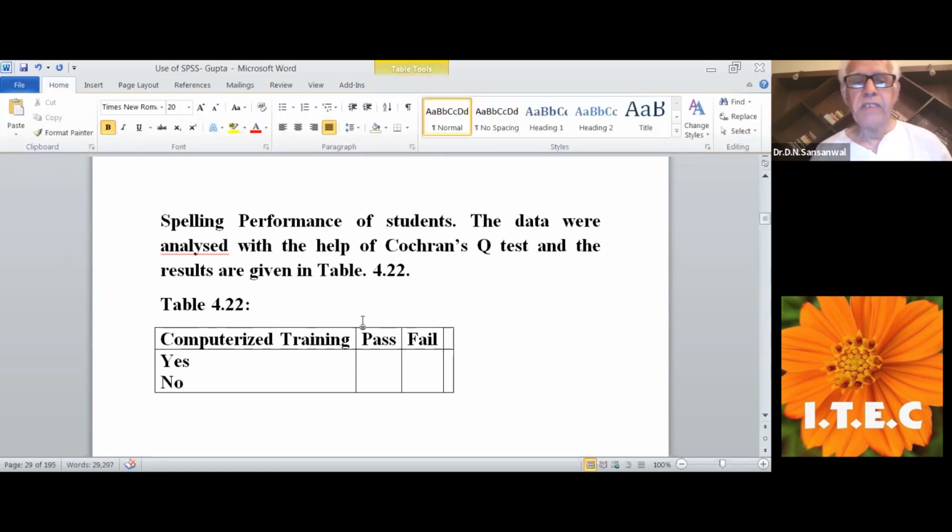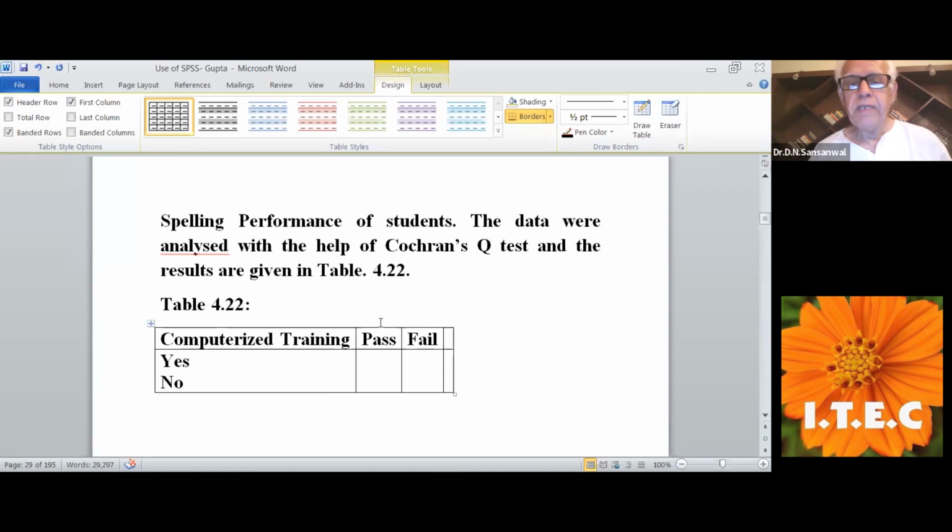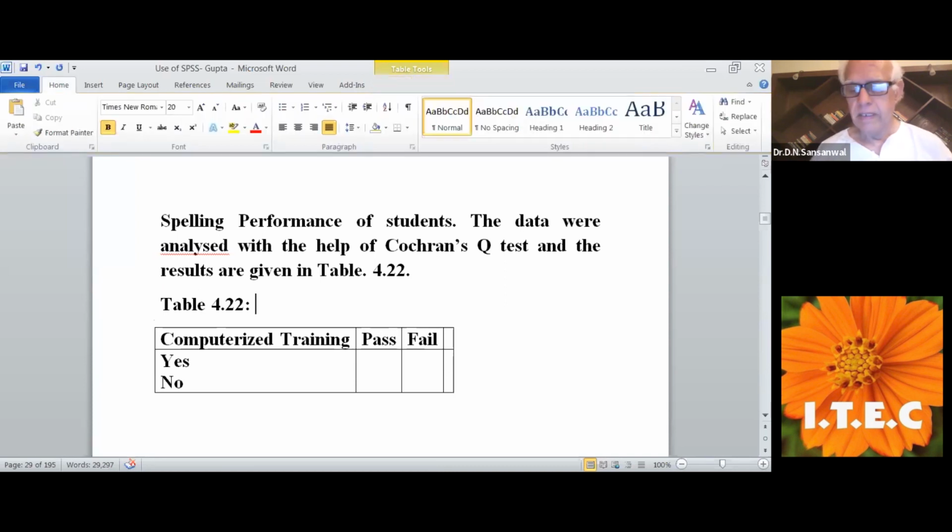So this will be the performance. Let me write it here.